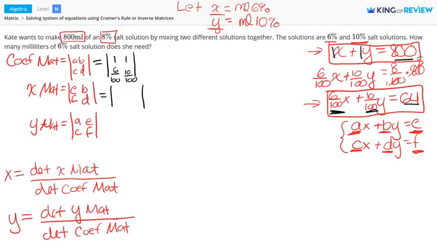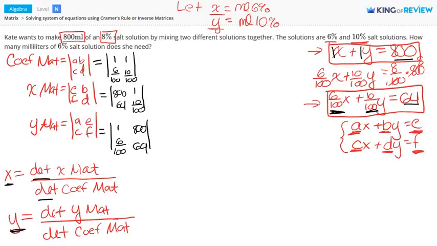So we have 800 and we have 64. And then we have B and D, so 1 and 10 over 100. And now the y matrix. We have A and C, so 1 and then 6 over 100. And then the constants, 800 and 64.